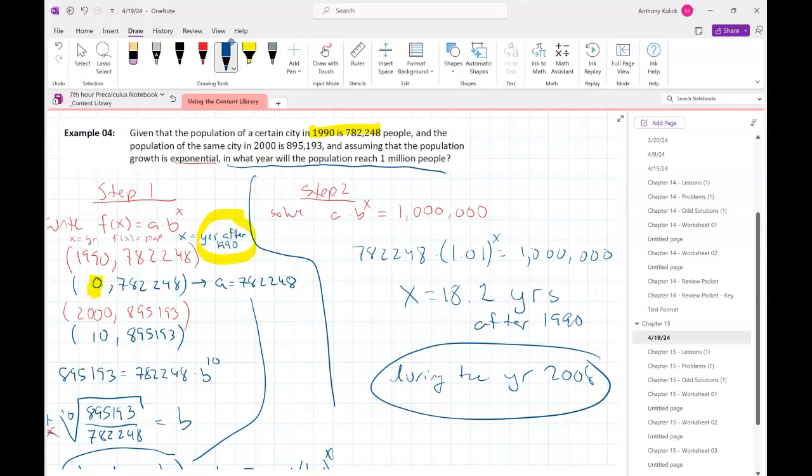Now, I'm going to point something out to you. The phrasing here is going to be important. It asks in what year. In some of these questions, we'll ask you the beginning of what year would the population reach 1 million?